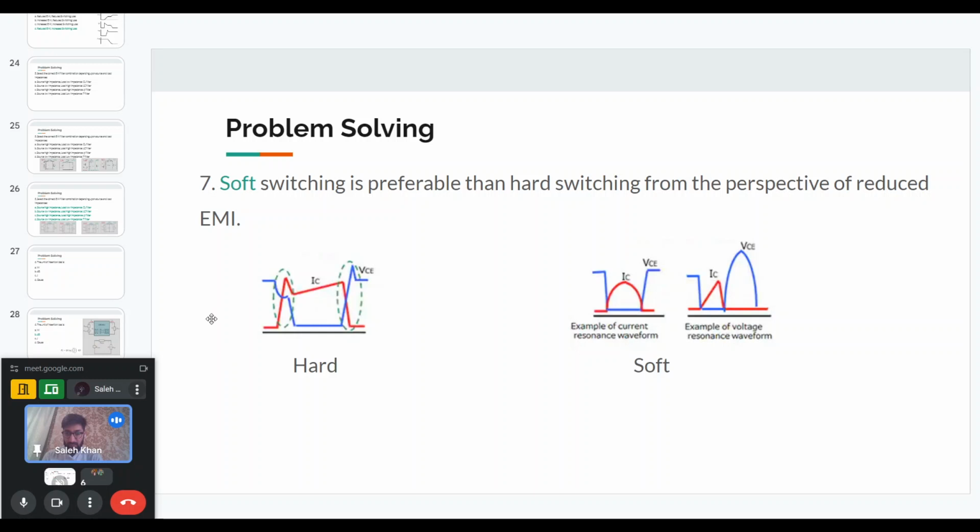And hard switching is shown here on the left side. Whenever the switching device turns on and off, in a very short duration, when it turns on, the current rises suddenly and the voltage falls very suddenly. Similarly, when the device turns off, in a very short duration of time the current falls.